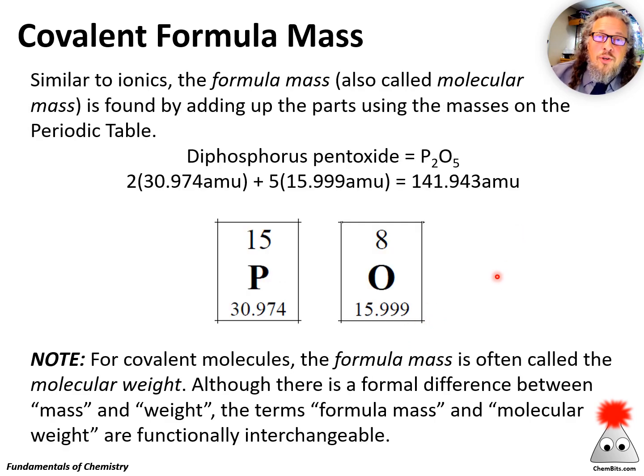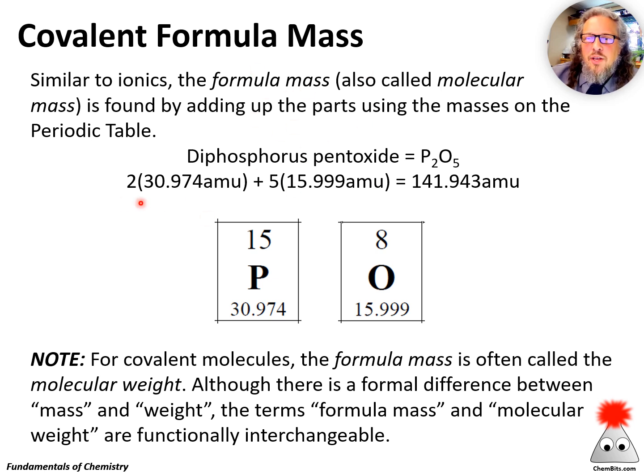We also are going to continue working with formula masses. So just like with ionic compounds, we can add up the pieces to get the formula mass, the mass of the molecule we're working with. Now, when we're working with ionics, we use the term formula mass, and that was pretty straightforward. Once we move to molecules, once we move to covalent compounds, this is sometimes called molecular mass or molecular weight.